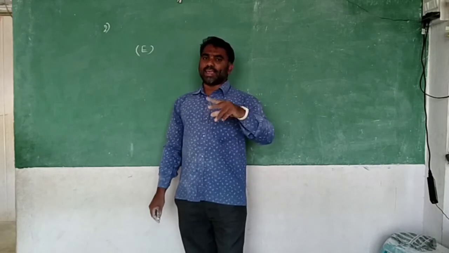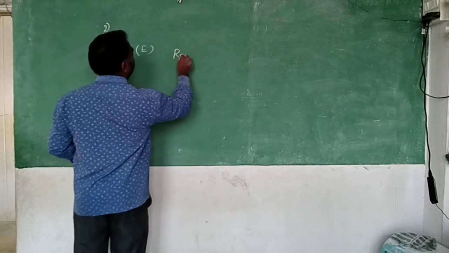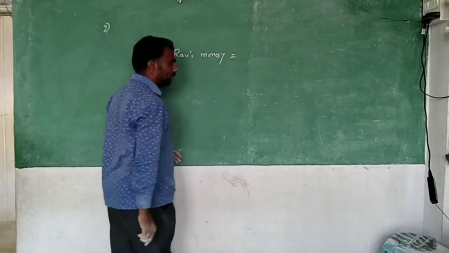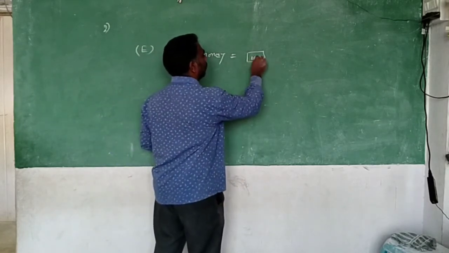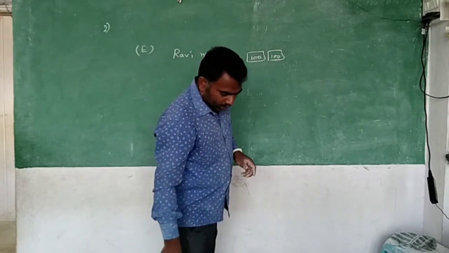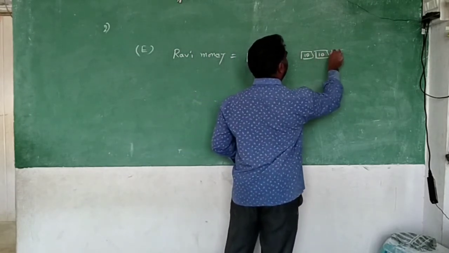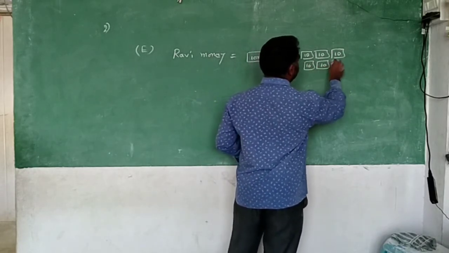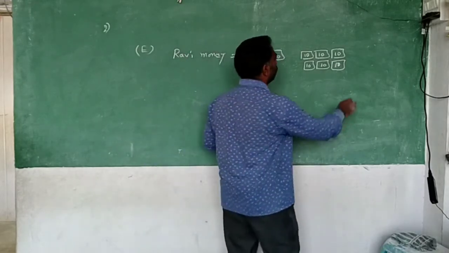So here two members are having the money. Who have the money? You say Ravi. So Ravi money. You write the Ravi money. So what is the 200 rupee notes? 200 rupee notes and 6 10 rupee notes. This is the Ravi money. Ravi money: 200 rupee notes, 6 10 rupee notes, 5 1 rupee notes.